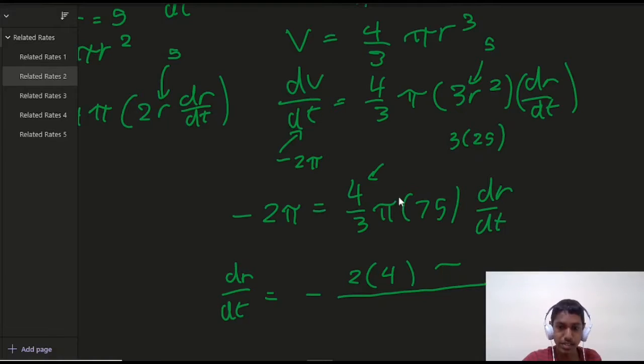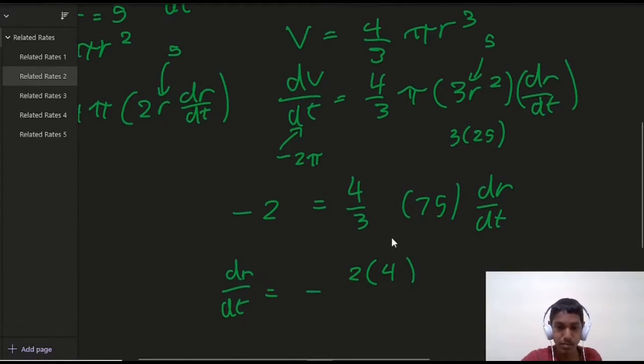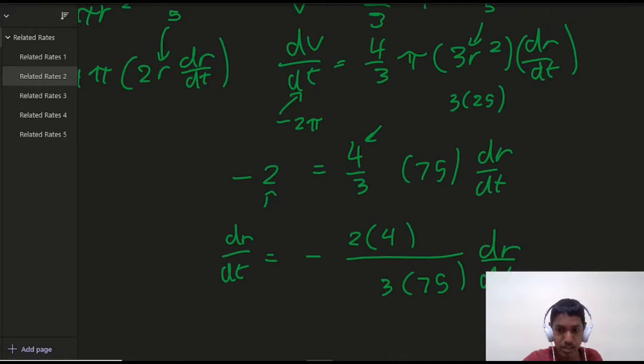Oh, let's cancel out the pi's because we have pi's on both sides, so I'm just going to erase those. So that's like dividing by pi. So we have 2 times 4 over 3 divided by 75 dr/dt. I think I did my... Oh no, we have to flip these.